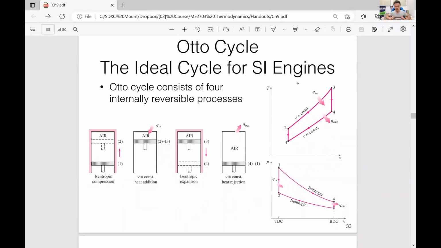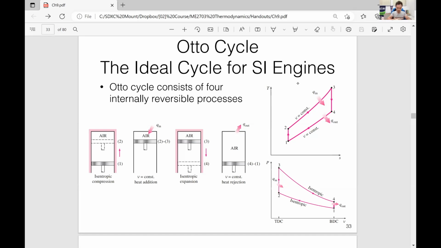Now we are trying to make some assumptions to analyze the Otto cycle. The Otto cycle is the ideal cycle for the SI engine. So we need to apply the cold air standard assumption. Well, not really needing to be cold, but at least the air standard assumption.